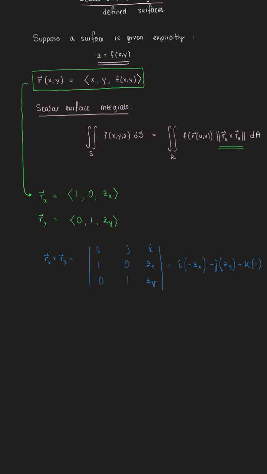So we have this normal vector is negative partial of z with respect to x, negative partial of z with respect to y, and 1.